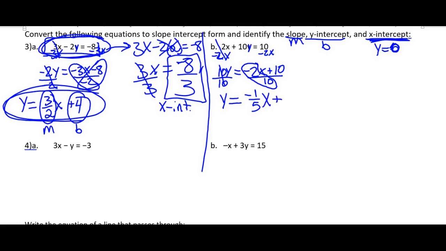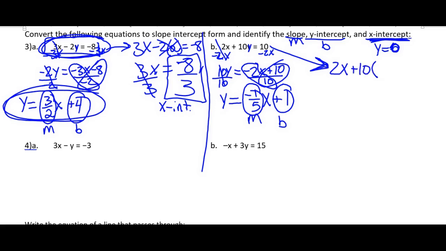X plus 10 over 10 is 1. So there's our equation: y equals negative 1/5 x plus 1. Our slope is negative 1/5. Our y-intercept is 1. Our x-intercept is when we take this equation, 2x plus 10y equals 10, and we make y 0.